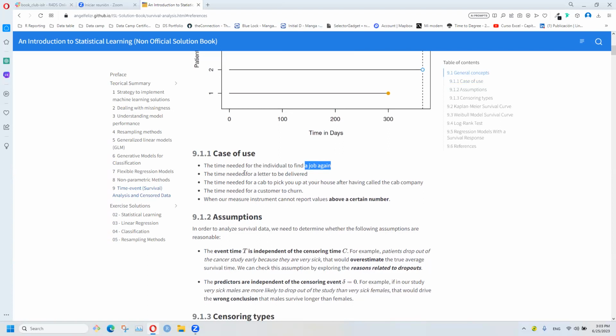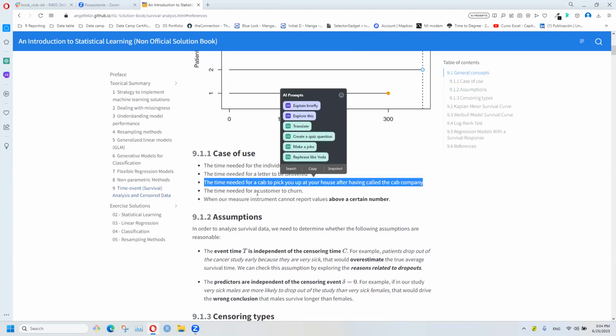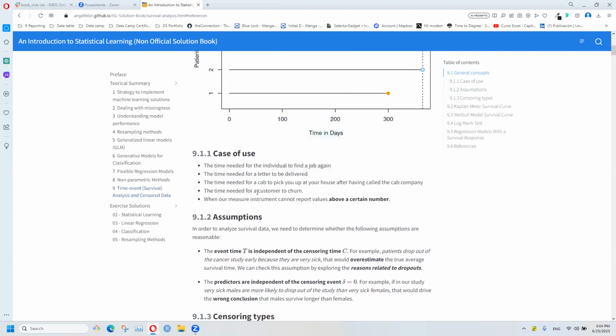Another is the time needed for a letter to be delivered, if you are, for example, working in logistics. Or the time needed for a cab to pick you up at your house after having called a company like Uber. You go to the application and say, hey, take me to that place. This model can also help you analyze that kind of data.